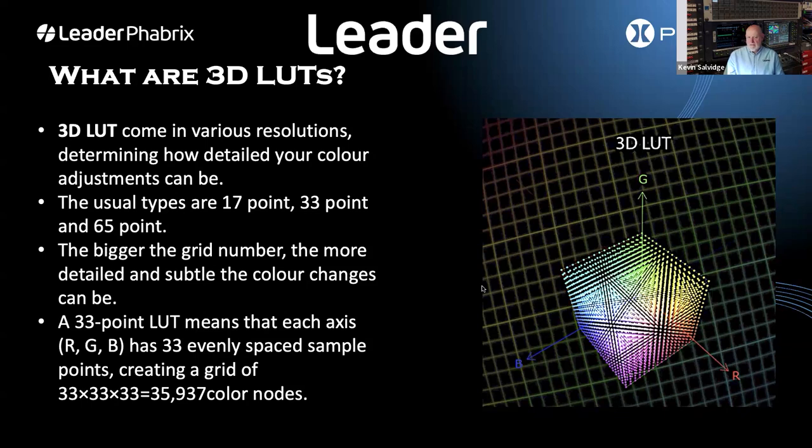We're seeing a 33 point LUT used within the broadcast industry for live production and high-end television production. As you can see here, that's going to create nearly 36,000 color nodes. And it works really well with 10-bit RGB SDI.